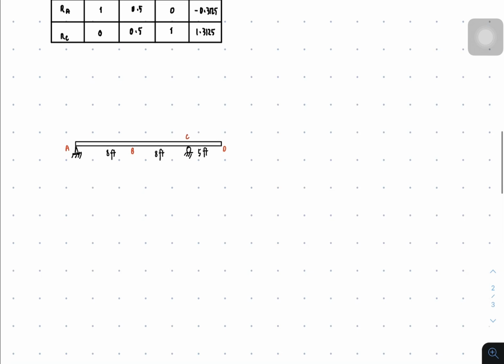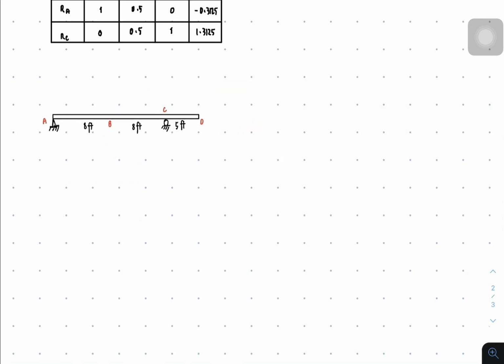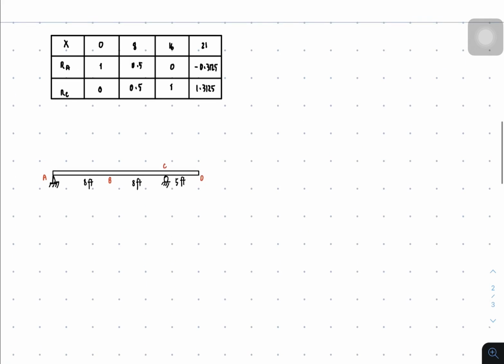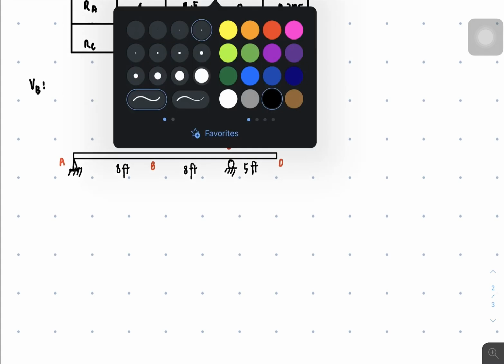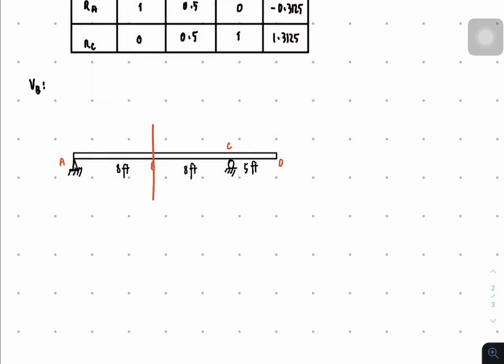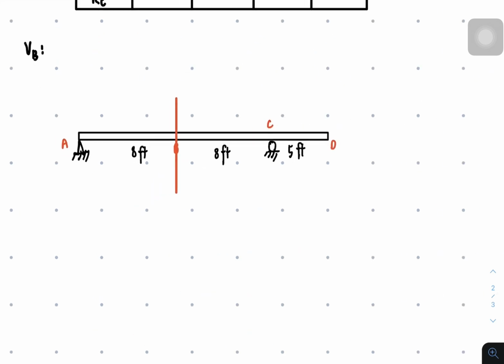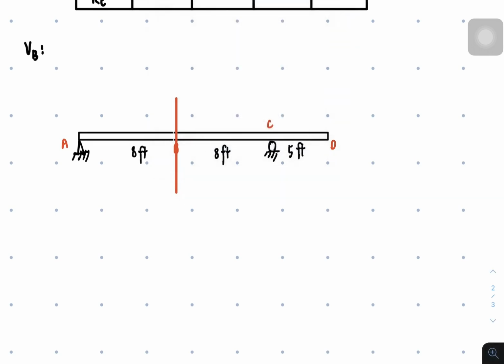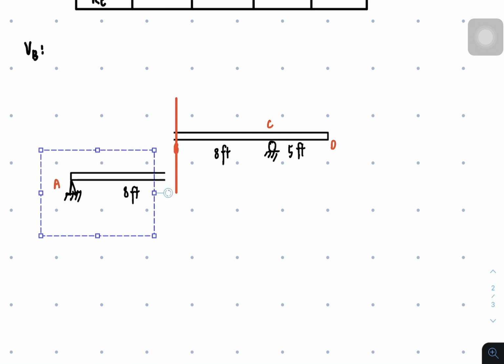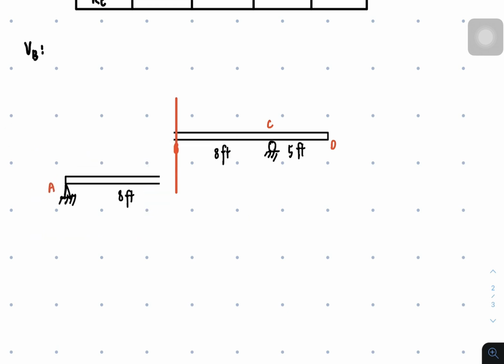Okay, so this time we will be having the influence line of the shear at B. For the shear at B, we're going to cut the beam. So we're going to cut the beam here, and by cutting, just to show that we're cutting it, we will be having this one and the other one.